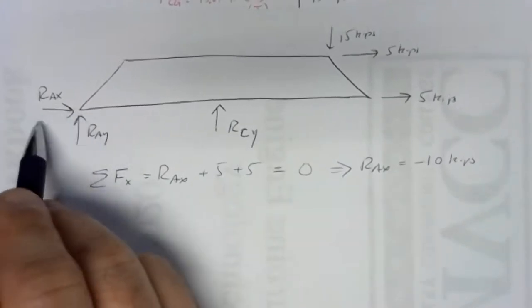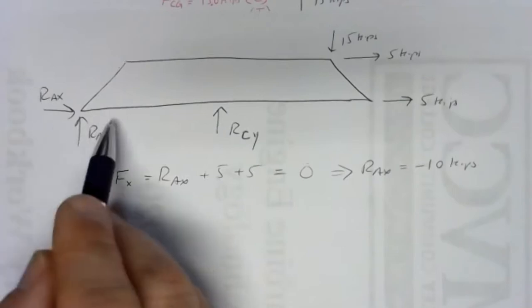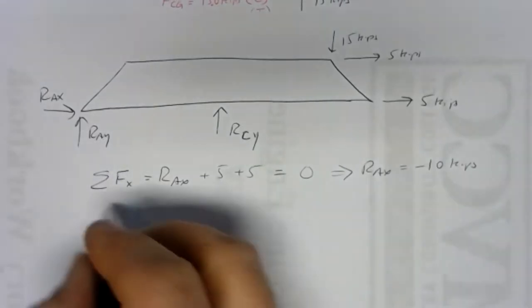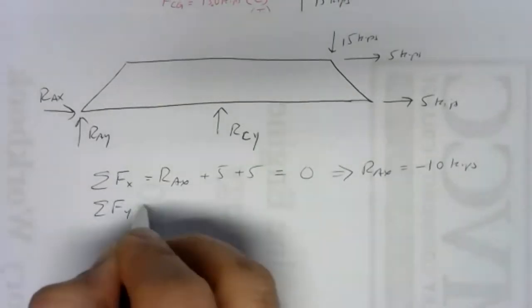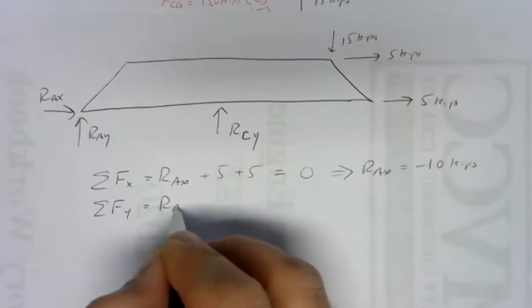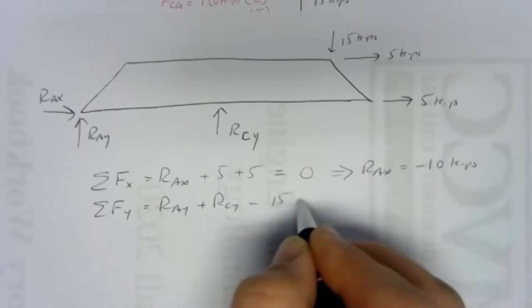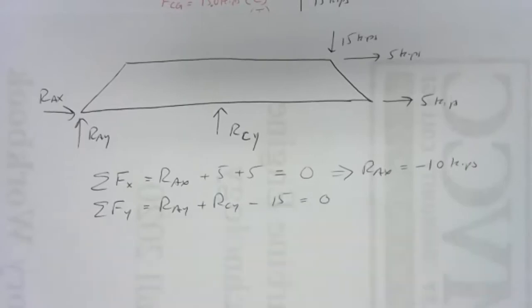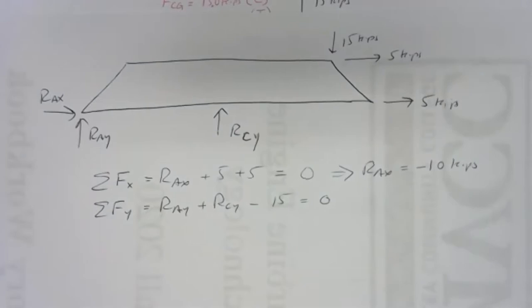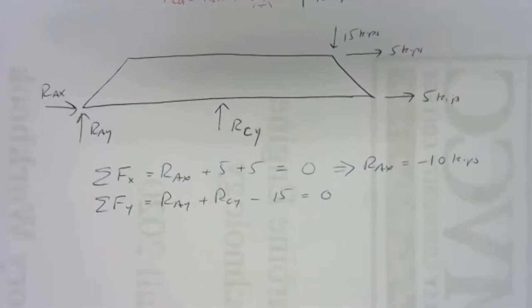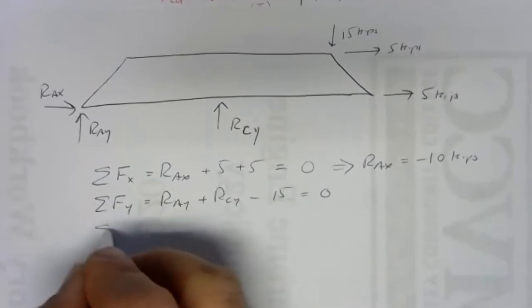So the 10 really has to pull to the left rather than push to the right. Sum of forces in the y direction, we've got RAY plus RCY minus 15 equals 0. That's the same thing all the y direction equations typically say. The forces pushing up have to be opposed by the forces pushing down. And then we need our moment equation.